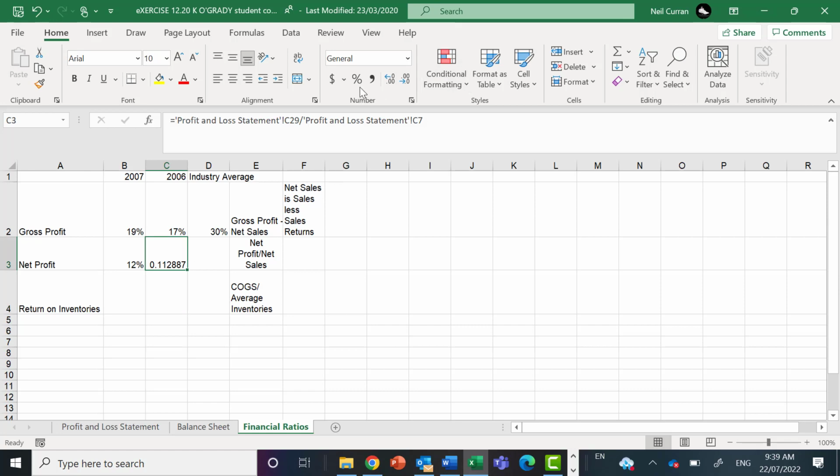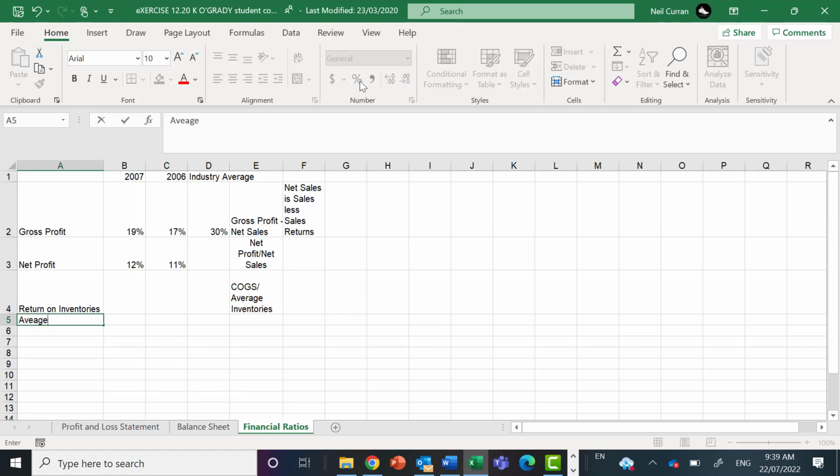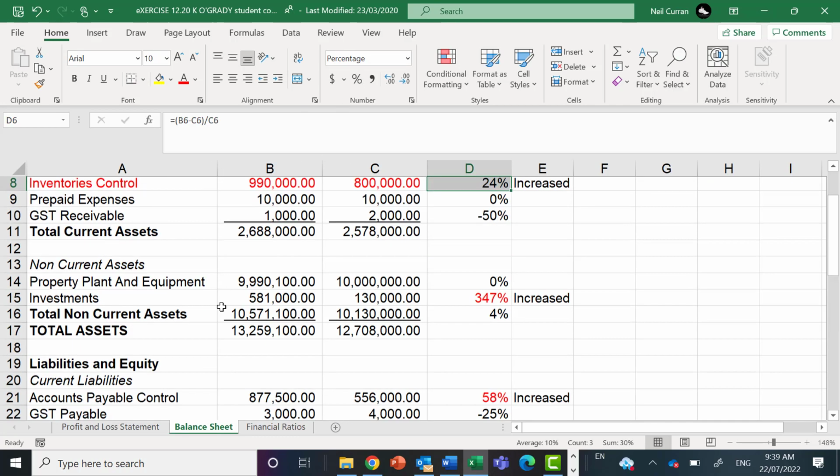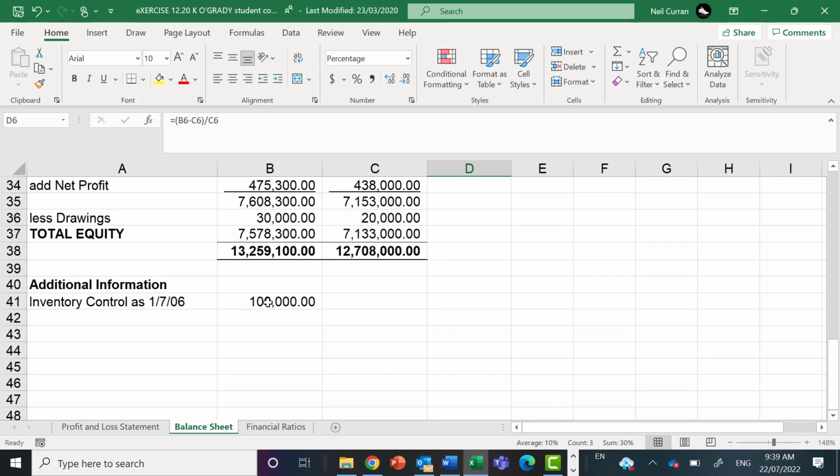And it has increased marginally from the previous year, which is a good sign for the business. Now, to do the return on inventories, you need to calculate your average inventories. And to do that, you'll need the previous year's figures as well.